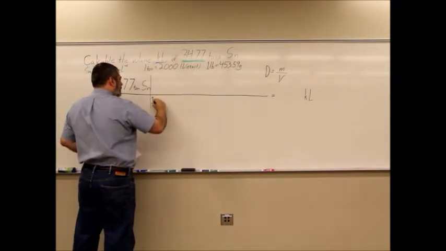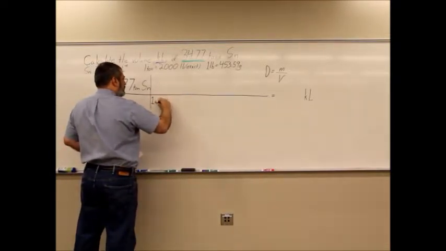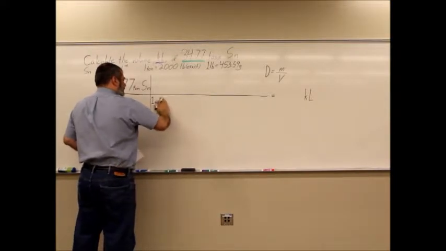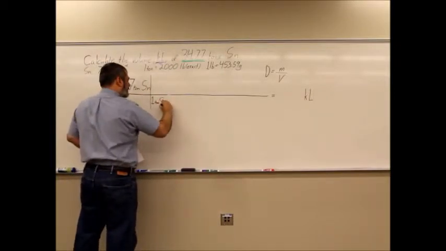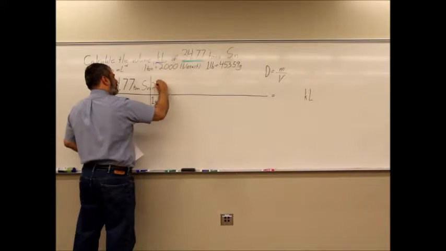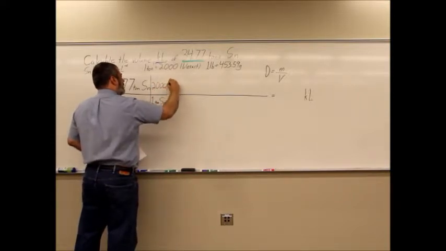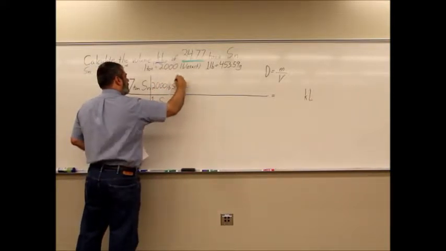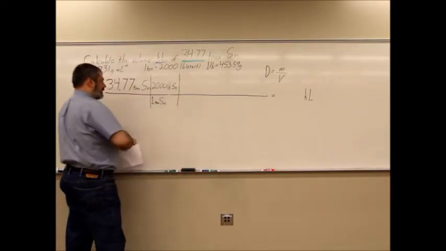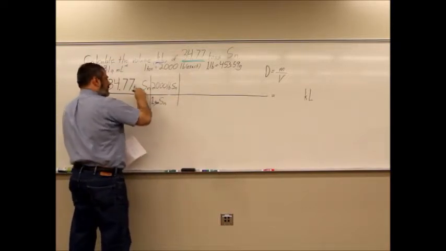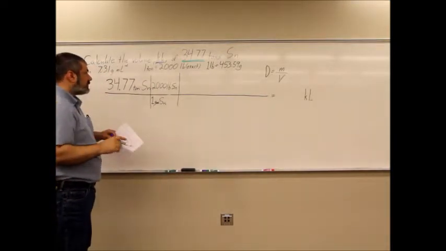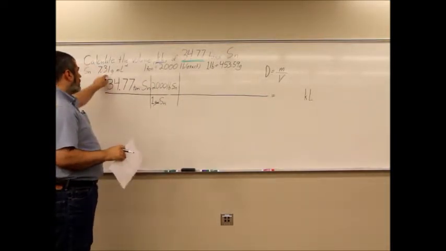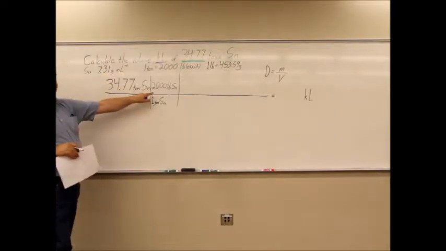1 ton of tin. Oops. See, this is a case where my mouth is doing one thing, my hand is doing something else. So 1 ton of tin is 2,000 pounds of tin. All right. So tons cancel. Now we're in pounds of tin. Density is in grams, not pounds.